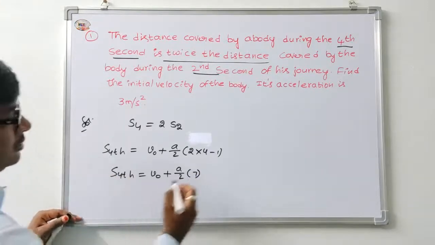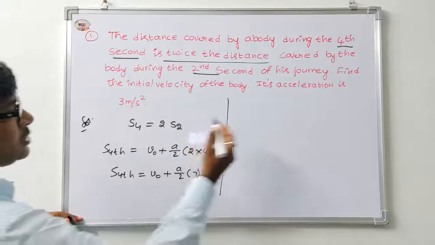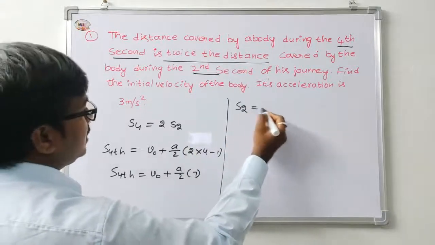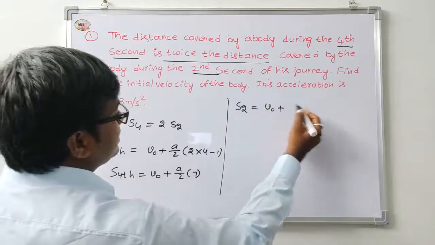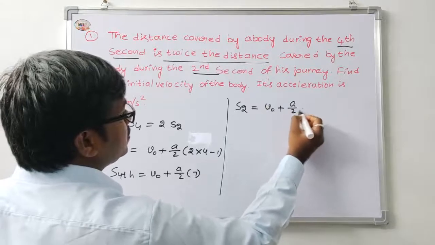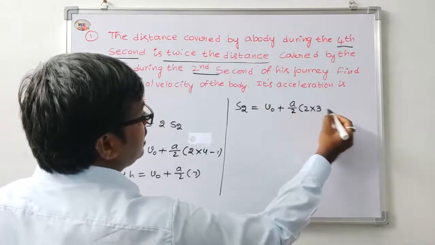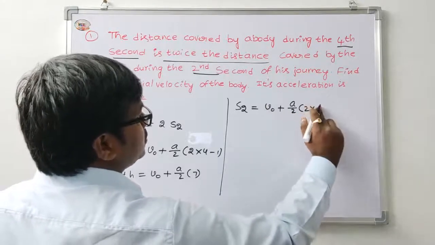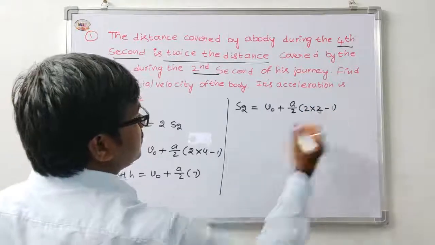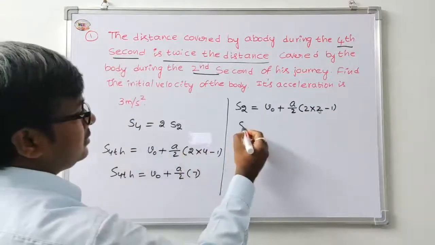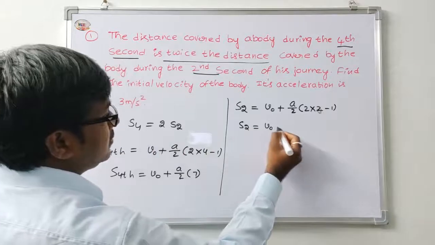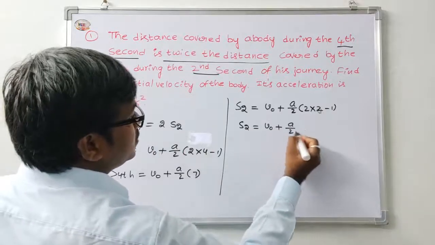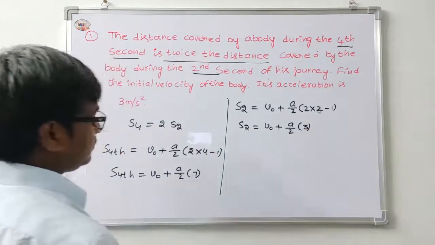Next, S2 is equal to v naught plus a by 2 into 2 into 2 minus 1, so S2 is equal to v naught plus a by 2 into 3.